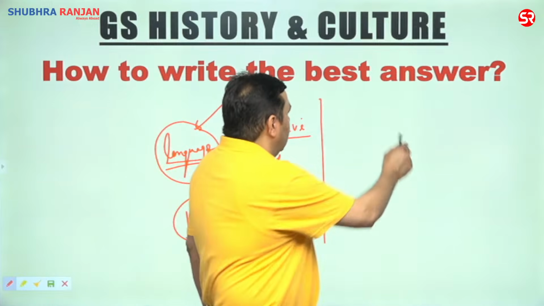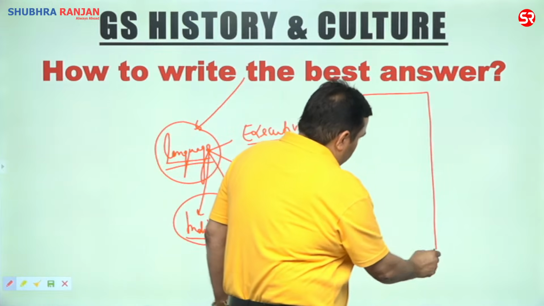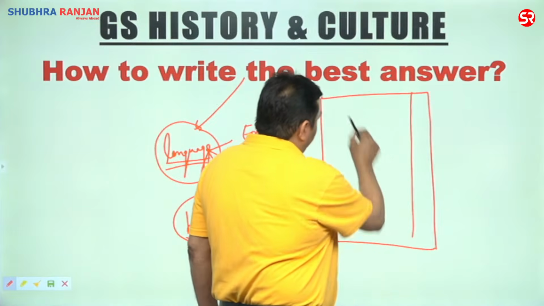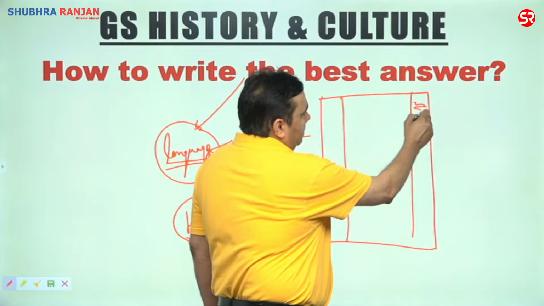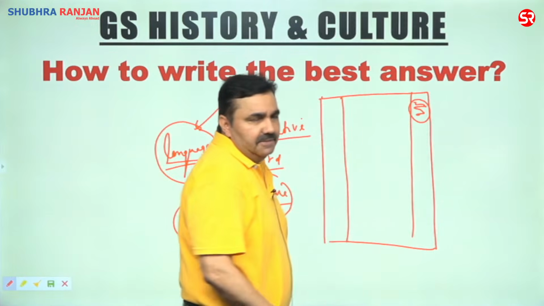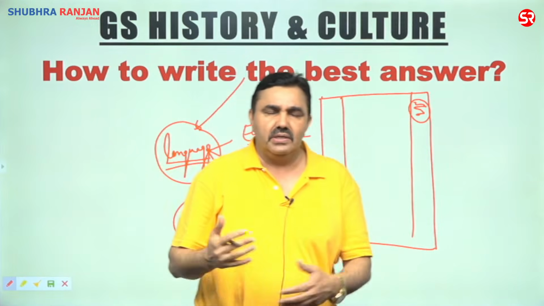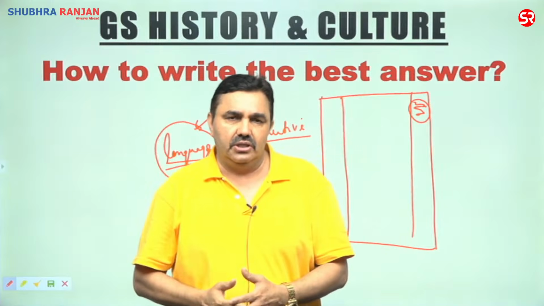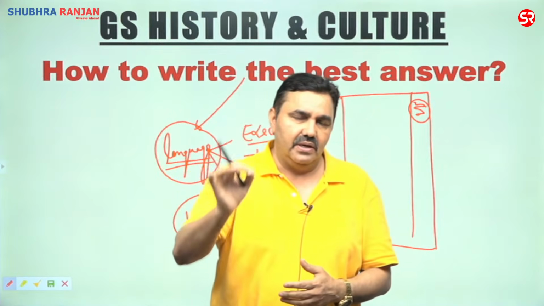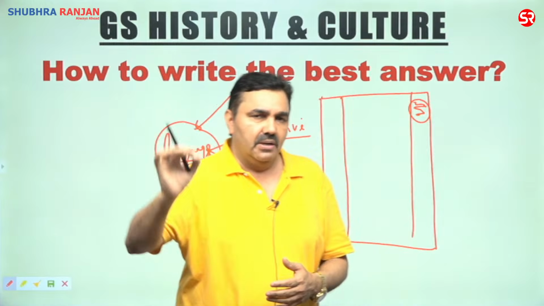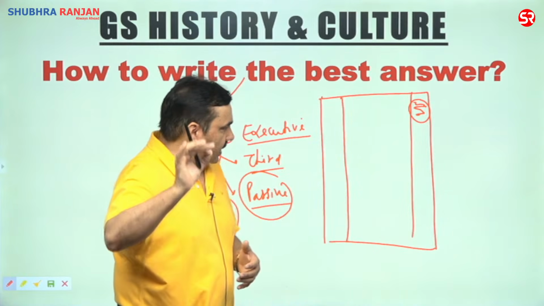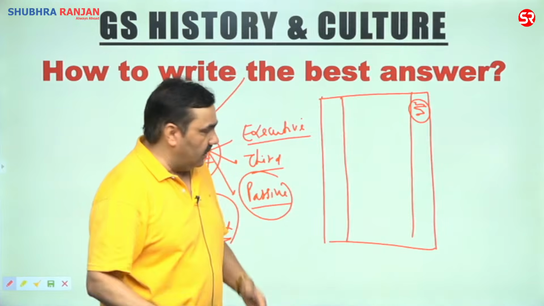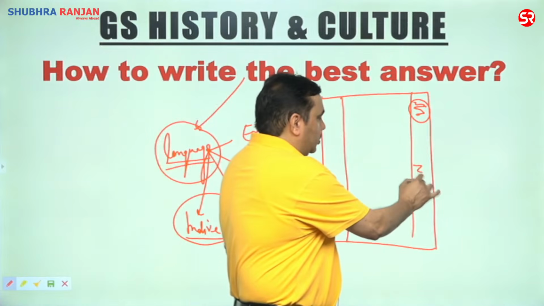You know that your answer sheet has margins on both sides. And if you have noticed, on the right side, this margin clearly says do not write anything here. What's the point? What do you think? What is the reason for giving this instruction? You are not supposed to use the right margin, because if the examiner finds any kind of radical influence, any kind of radical ideology, any kind of personality flaw, he or she is going to make notes here.